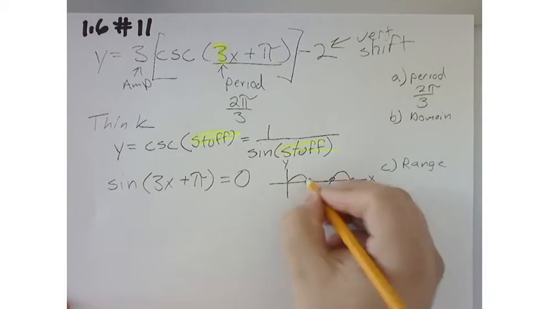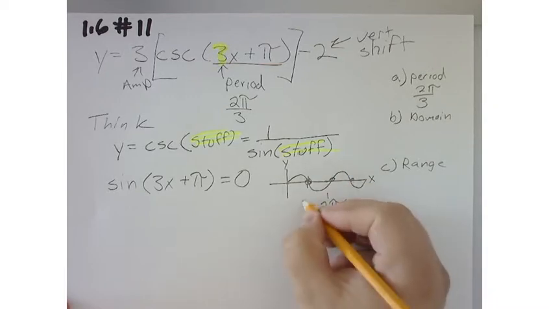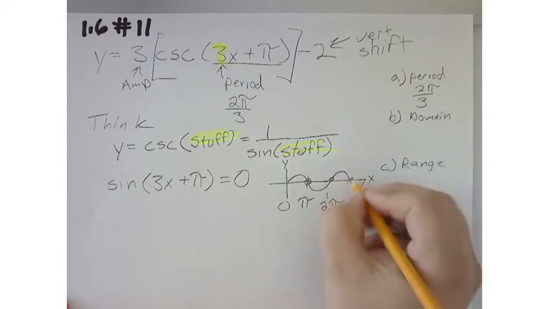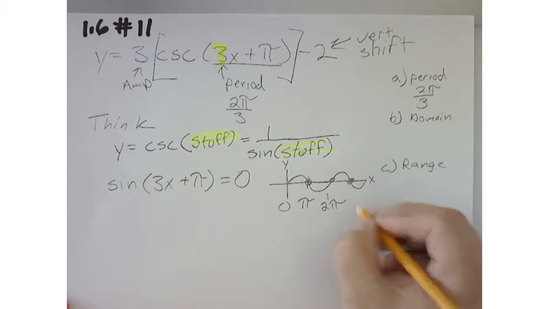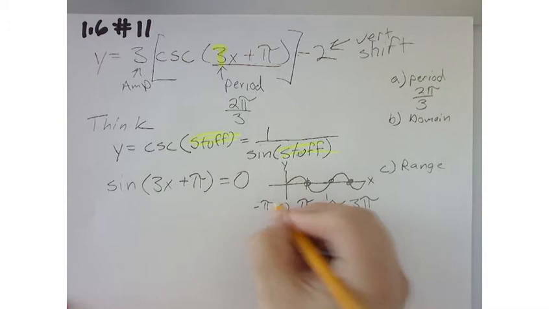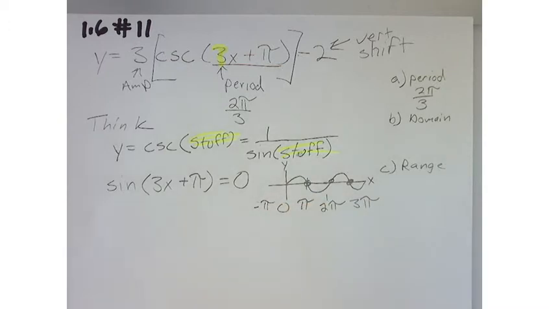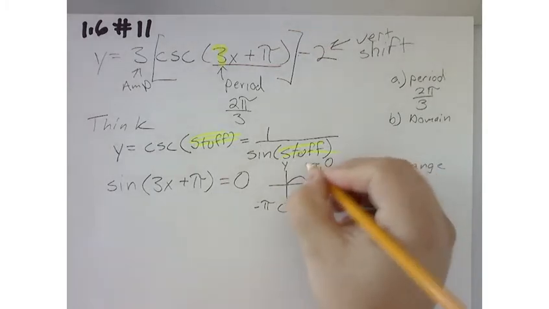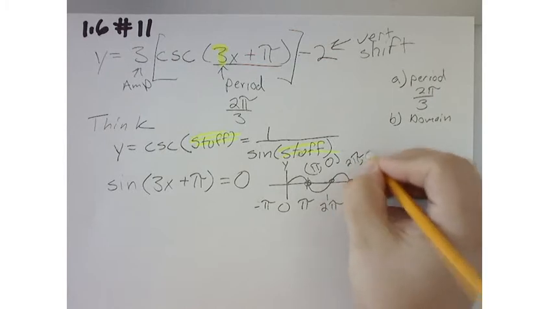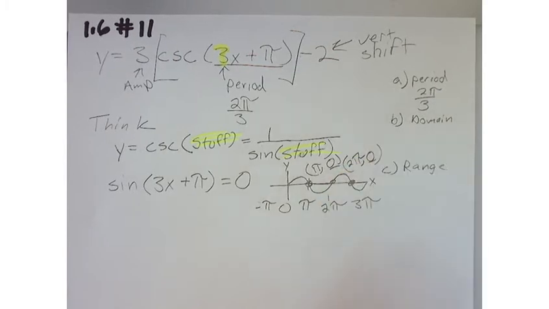So it crosses 0 at pi, at 2 pi, and at 3 pi, and it does the same thing in the other direction at negative pi and negative 2 pi and so on. Here we have the point pi comma 0, and here the point 2 pi comma 0. So the y values equal 0 at every multiple of pi.